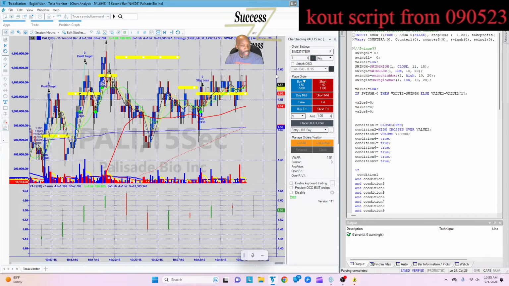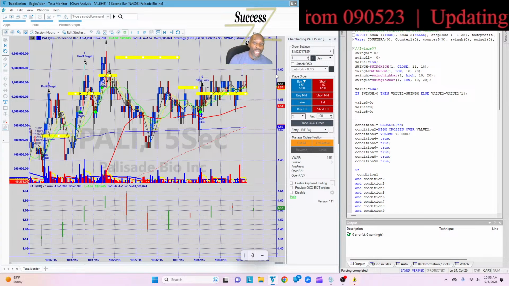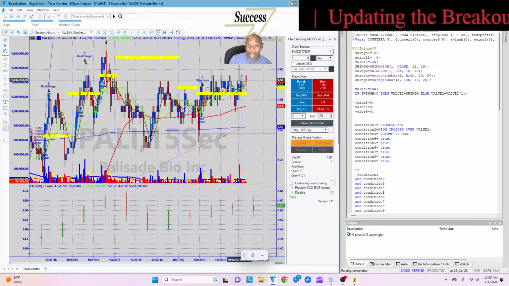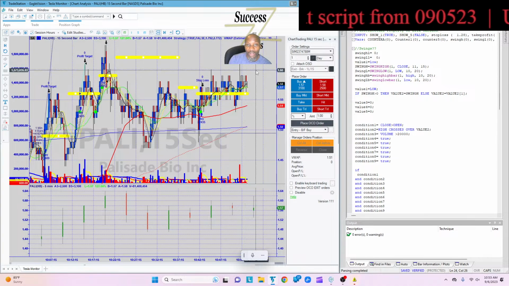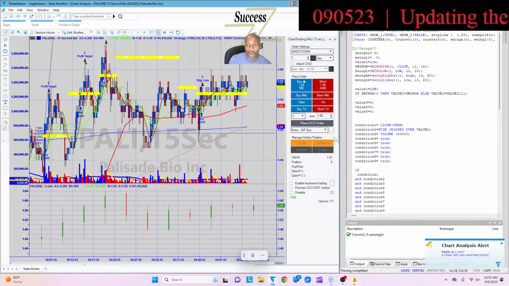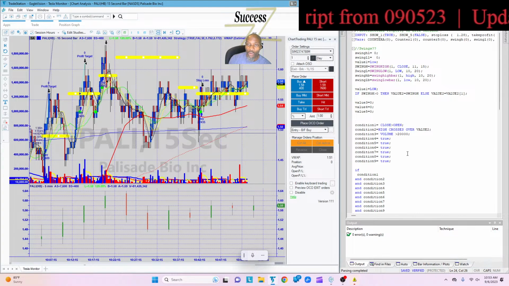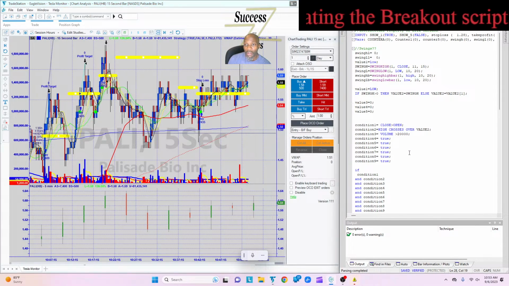So I can just let that run, let you guys check it out while I look on a website and see if I can find out why or how multiple data streams don't work, because I should have been able to use the data stream of the 5-minute time frame to overlay over top of the data stream for the 15-second time frame and look at the volume.